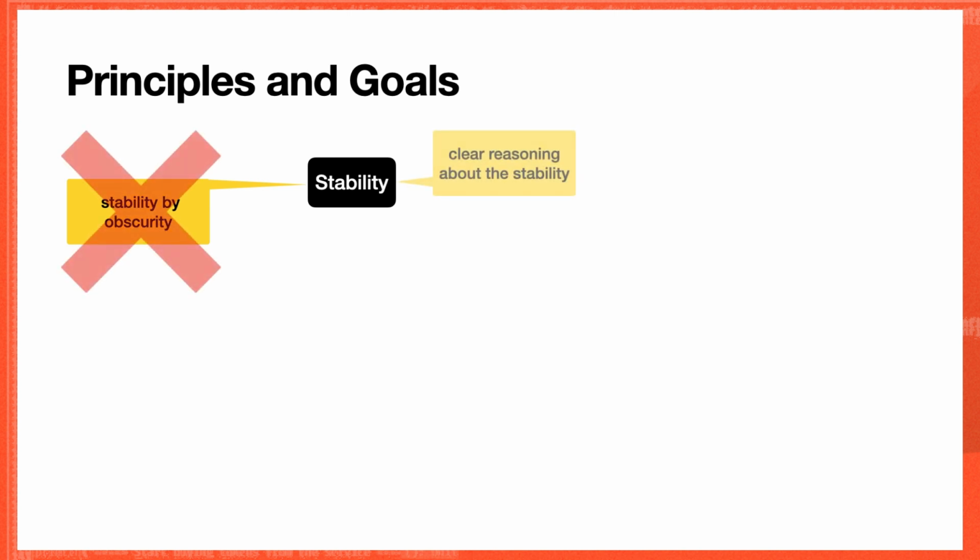Instead, we are aiming to do something where you can reason very clearly about the stability, so that you can be confident that it's stable, and you can be confident about the conditions under which this stability holds. And as long as these conditions are true, the price of the stablecoin will be stable.